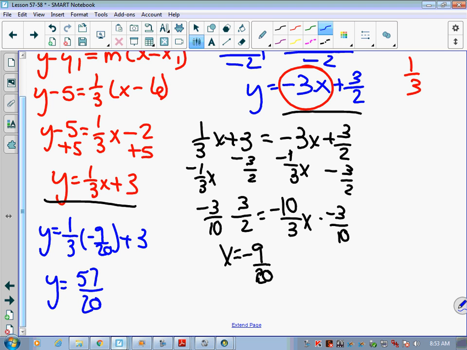Now, my final step in this is to find the distance from that point to our original coordinate, right? Because I believe our question is find the distance.